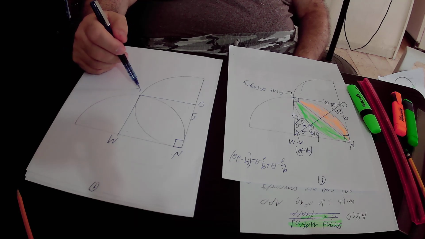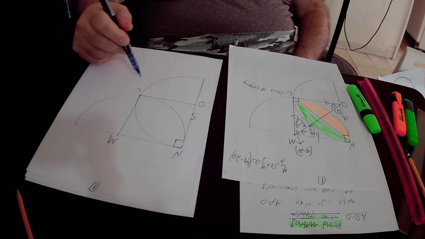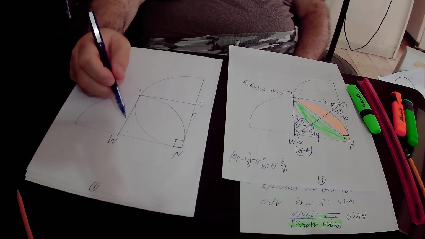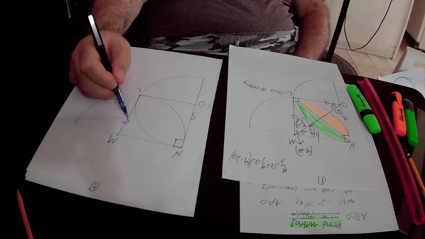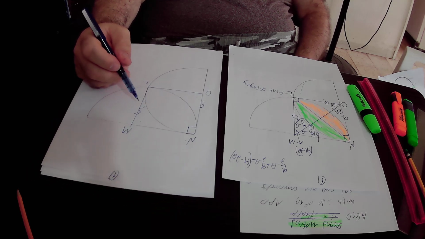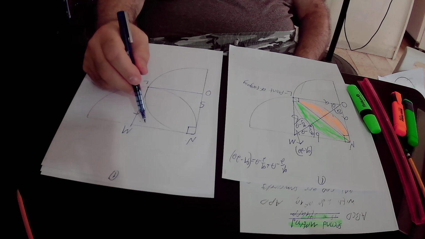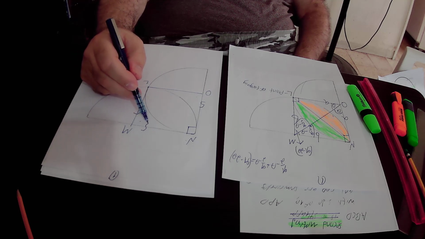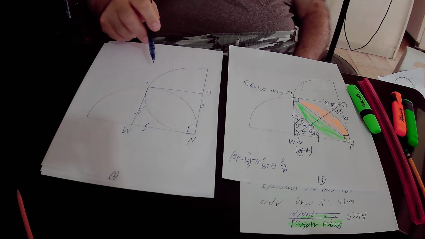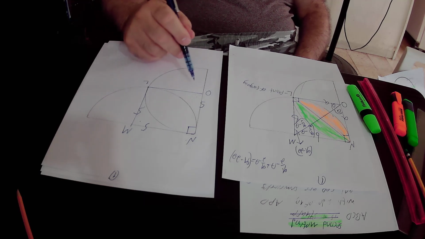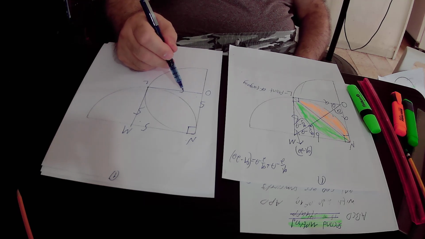L is the point of this semicircle itself. That is to say, ML is the radius of this semicircle, that is also equal to 5 units. The same thing is true here. This is the radius of this semicircle, that is also equal to 5 units. And OL is the radius of this semicircle, that is also equal to 5 units.